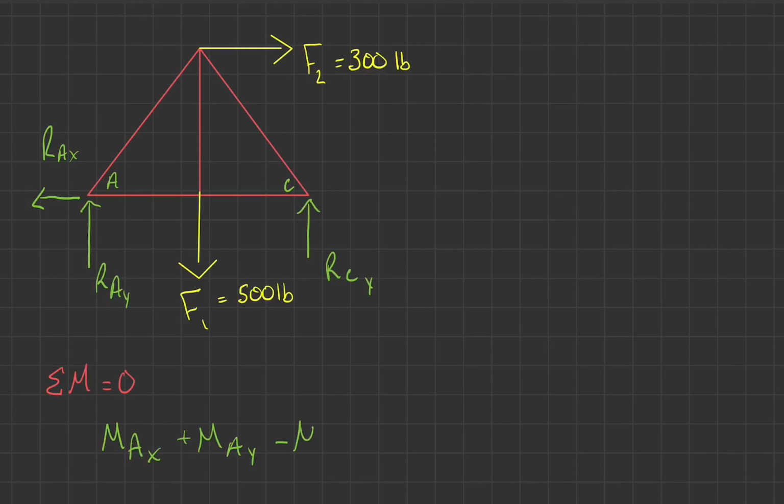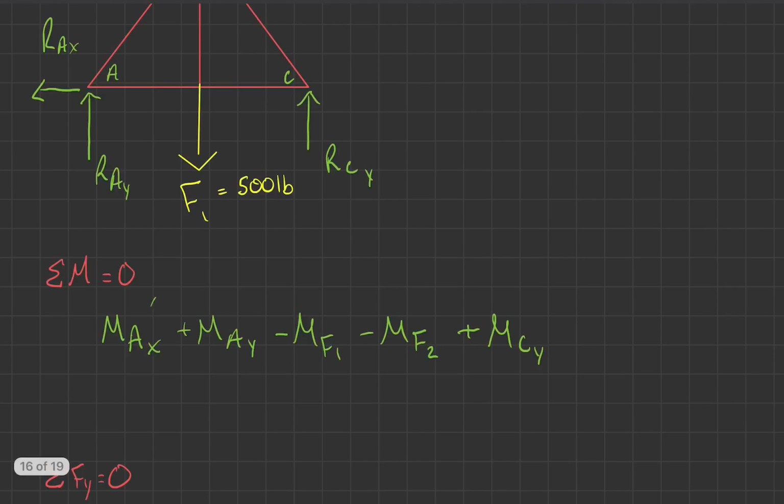Same thing for our moment caused by F2. Looks like it's going to push us in the clockwise direction. But our moment caused by our reaction force at C in the Y direction looks like it's going to push us counterclockwise, so that one's going to be positive. So positive moment CY, okay?